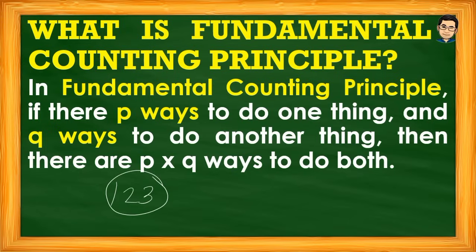Ito yung P. And then, yung ating mga letters naman, Q. So, A, B, C. So, kung tinatanong tayo kung ilang ways natin pwedeng i-arrange yung pinagsamang letters and numbers, i-multiply lang po natin kung ilan yung ways na i-arrange yung P, tsaka i-arrange yung Q. Okay? So, kung ano yung naging product po nun, yun po ang ating magiging sagot. So, that is how you define fundamental counting principle. So, ang pinaka-operation na ginagamit po natin dito is, of course, multiplication.